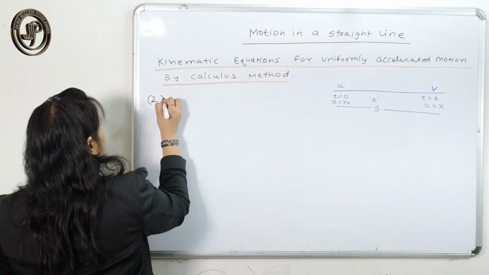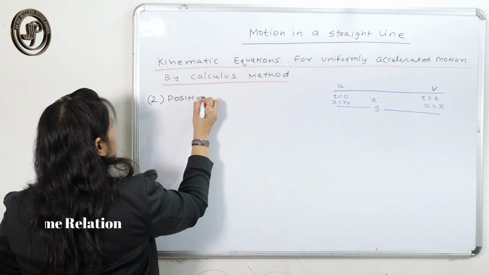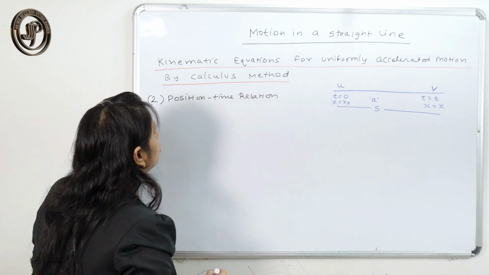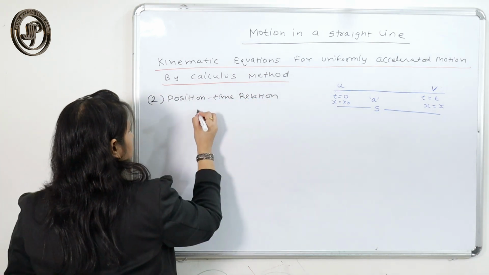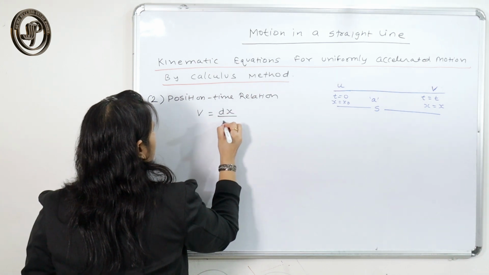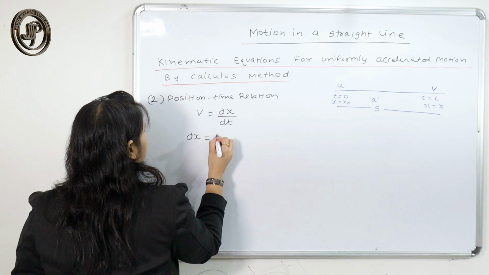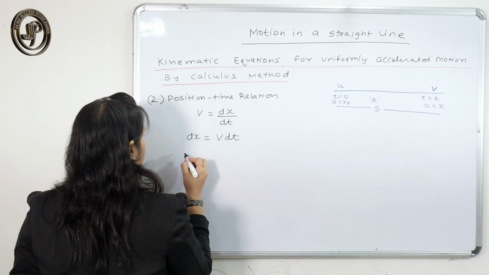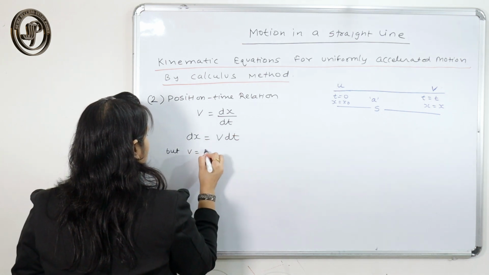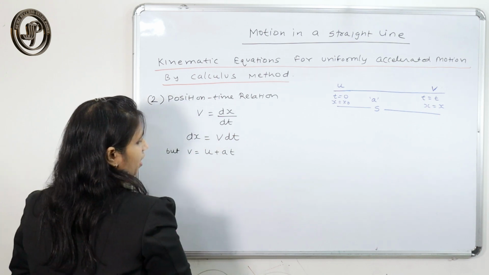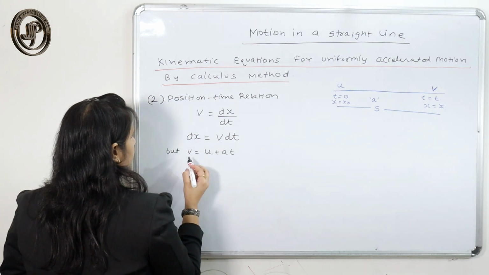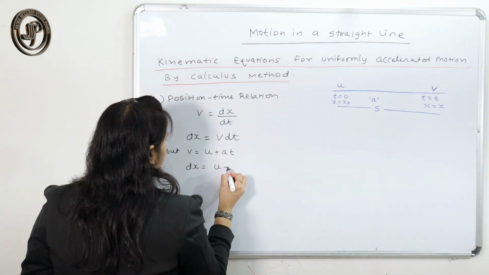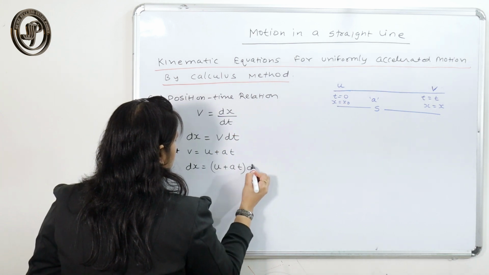Now the next is the position-time relation. We know the definition of instantaneous velocity, v equals dx by dt. If we cross multiply, we get dx equals v dt. But we know v equals u plus at, which we derived already in the first equation. So we can put the value of v as u plus at, dt.